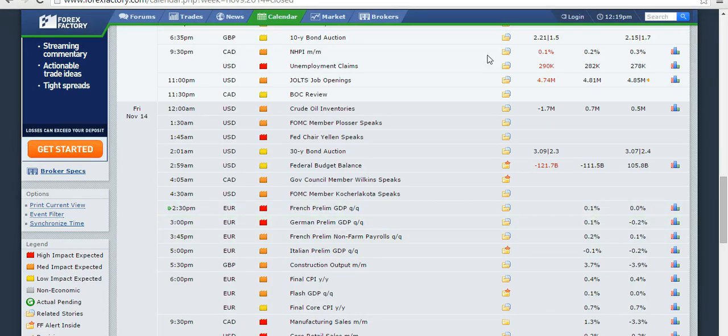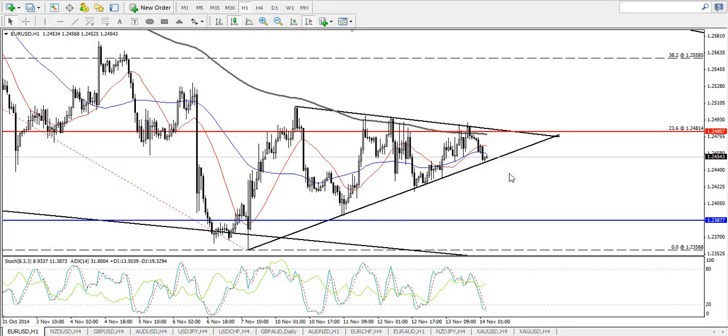Of course, if the actual is lower than the forecast, we are seeing a break below. If it's higher, it might be a break above, and if it is even lower than the previous one, then it will see a very big movement.